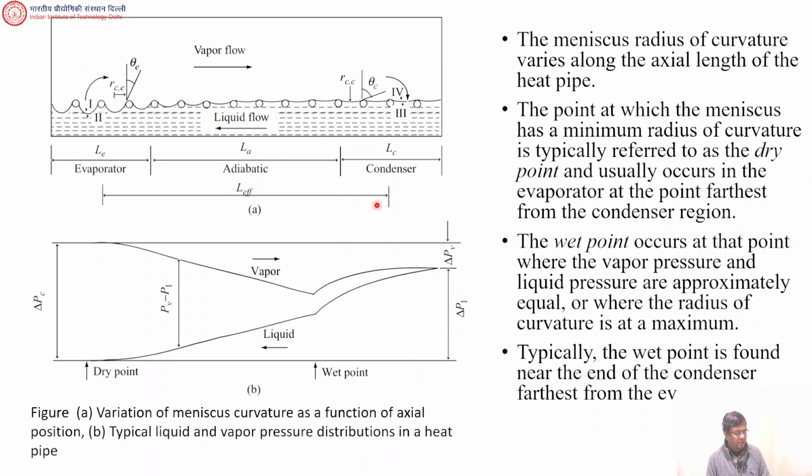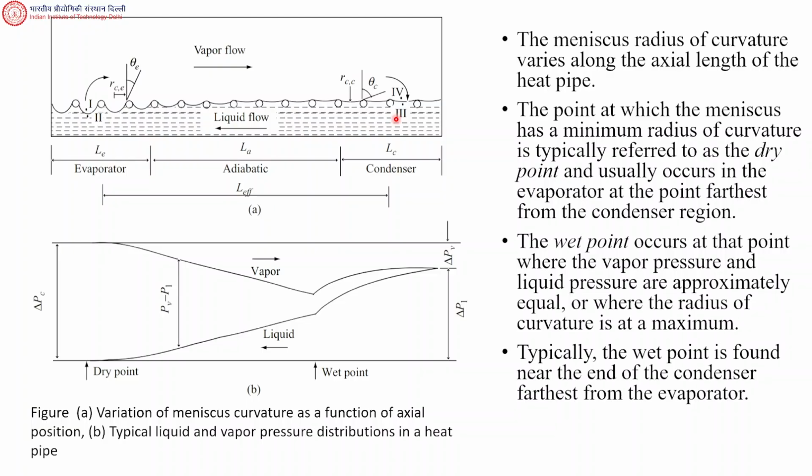But first of all, we see that the meniscus varies along the length of the heat pipe. You can see from the figure, because on the left hand side in the evaporator there is evaporation happening, so liquid is moving out, getting converted to vapor. So the curvature there is larger, I mean small radius of curvature out there, right?